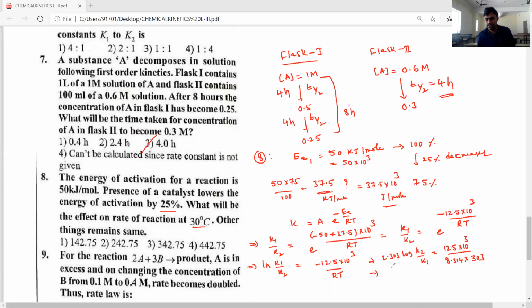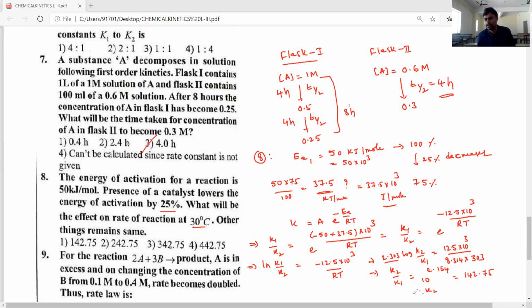On simplification, K2 by K1 is equal to 10 to the power of 2.154, as the 2.303 goes to the right side and becomes the denominator. The antilogarithm of 2.154 is 142.75. Therefore K2 by K1 is equal to 142.75.